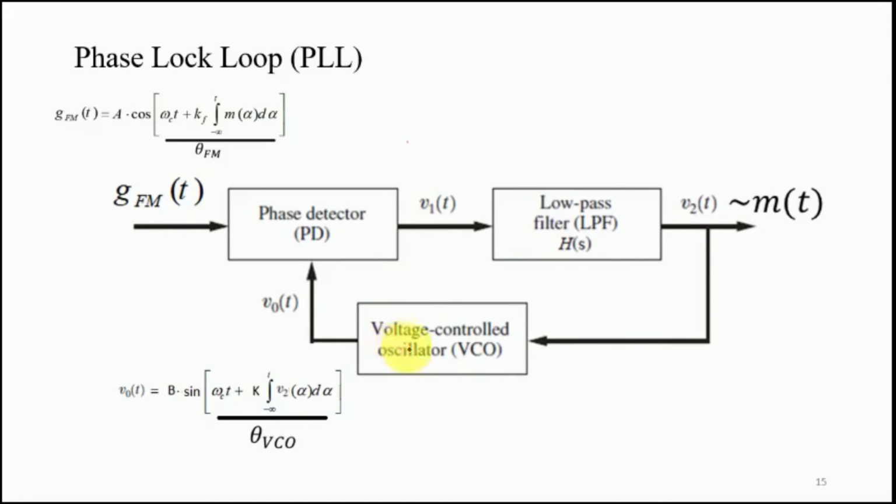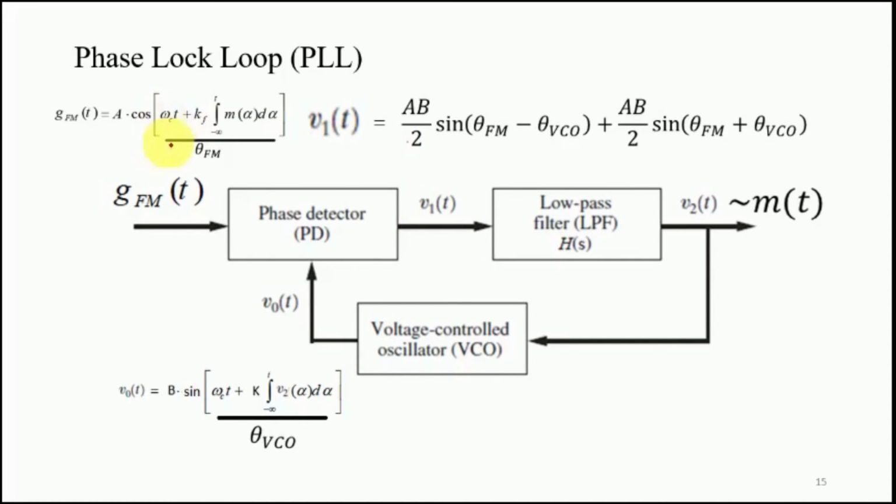Right. So these two, g_FM of t and v_o of t, are multiplied using a phase detector, and at v1 of t we would have the multiplication of these two, which is A cos(theta_FM) times B sin(theta_VCO).